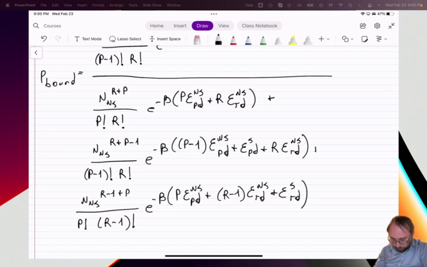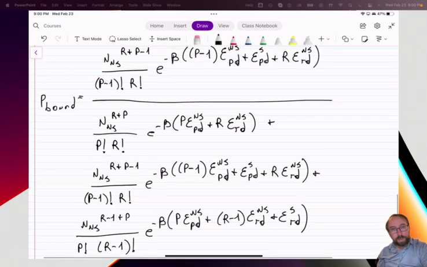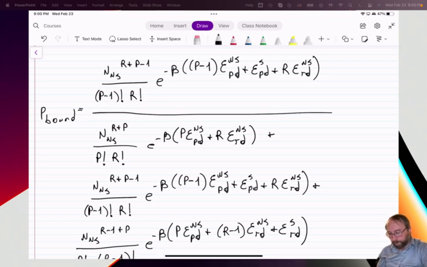Plus like this. Okay, so now what I'm going to do is do the same trick I did last time, which is multiply by 1. Okay, what do I mean by that? Check it out.